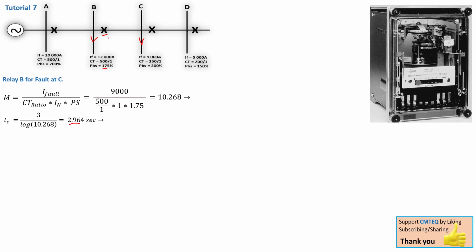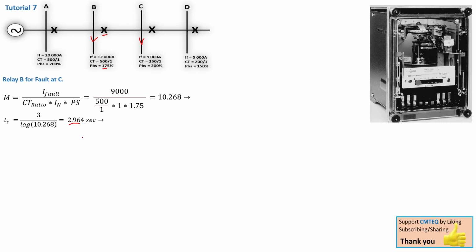So if the fault occurs on bus bar C, we must have an operating time for this relay. If the fault occurs on bus bar B, we also need an operating time that is different from the fault on bus bar C. That way it's not going to trigger at the same time for either of the faults. So there must be a difference.